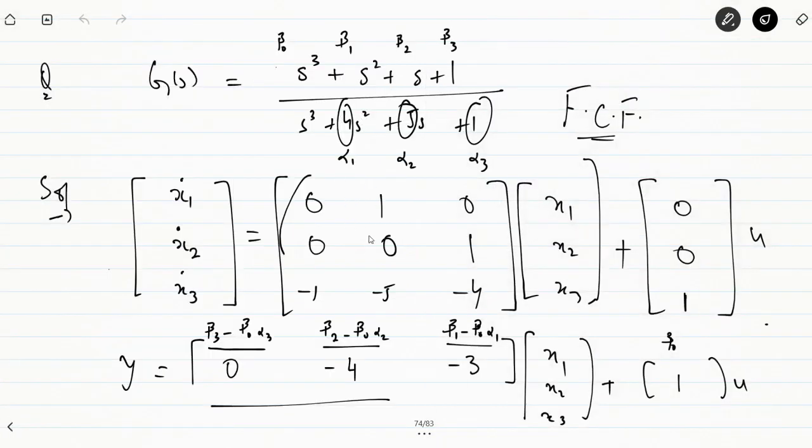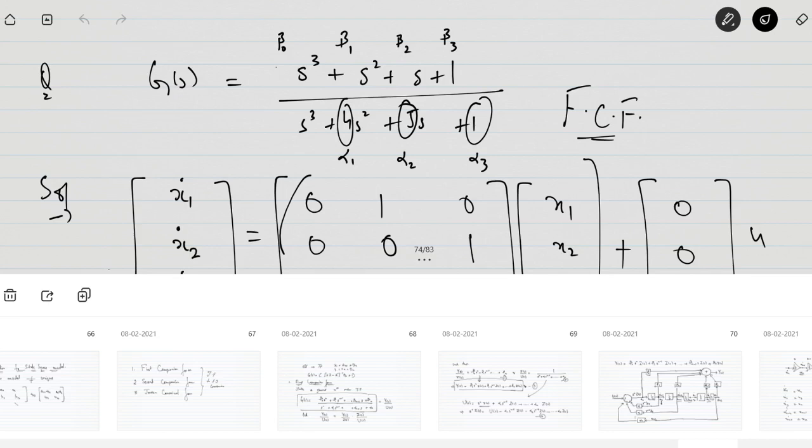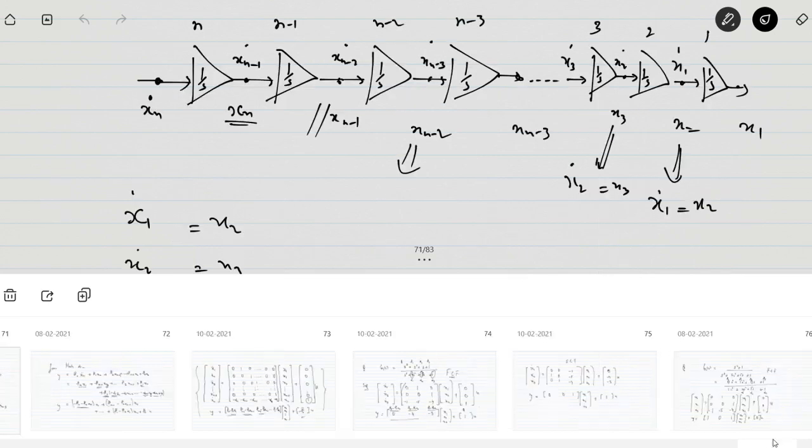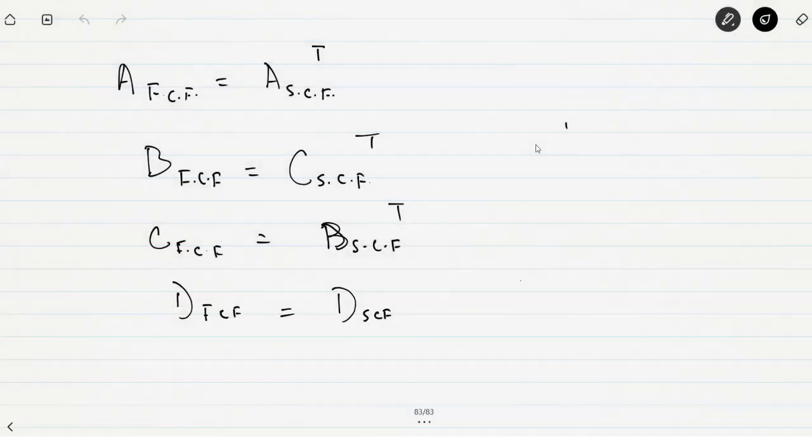So we had obtained the first companion form. We can now directly obtain the second companion form by following this particular rule, where the A matrix of the second companion form is the A matrix of the first companion form transpose.